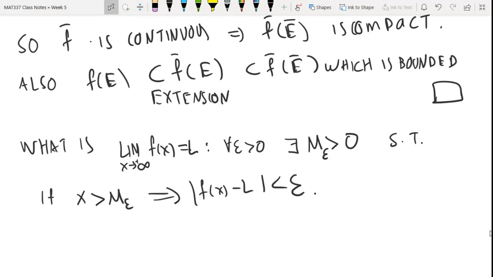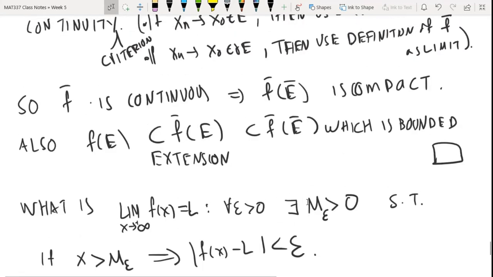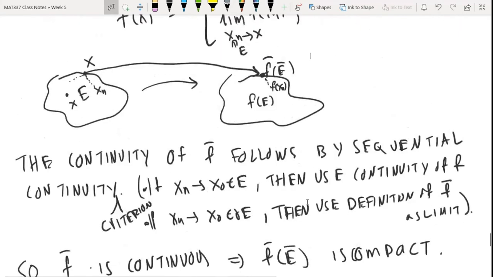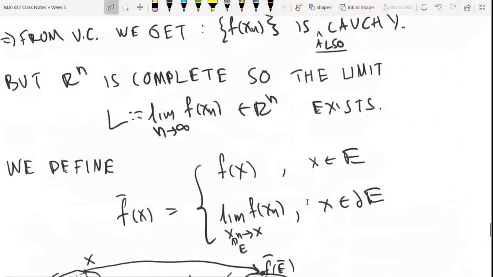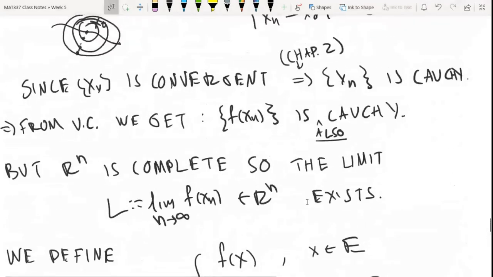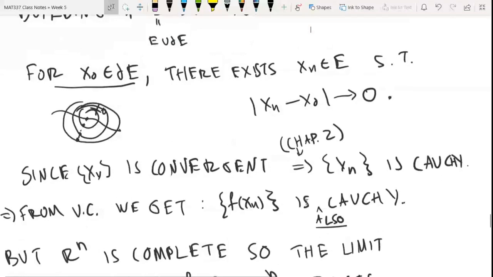Why do we know there exists x_n in E such that...? Right. Yes. So we talked about this from chapter 2. This is very easy.